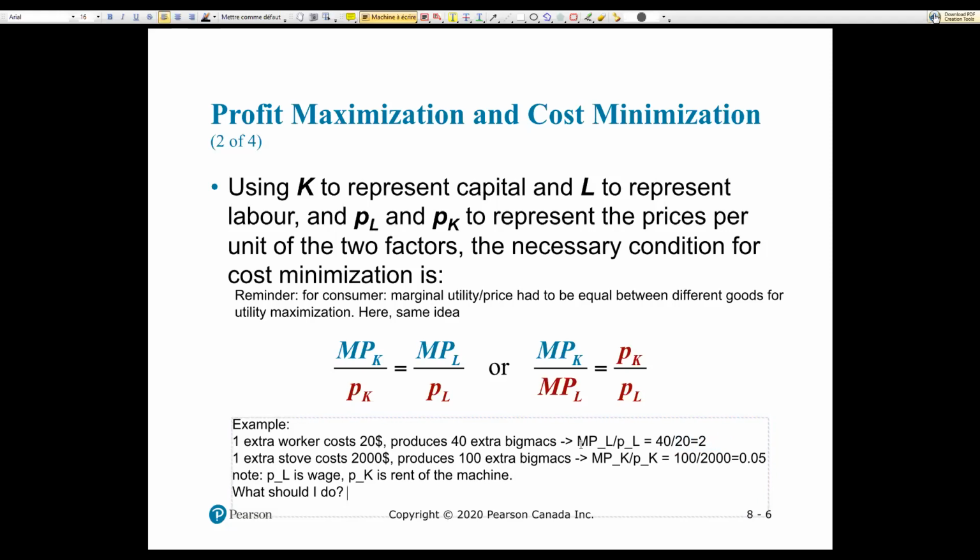Then obviously rent fewer machines and hire more workers, because I can produce the same amount at lower cost.